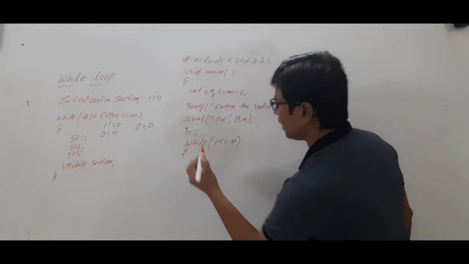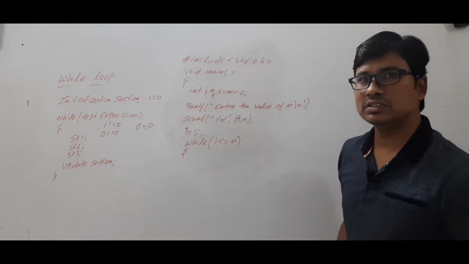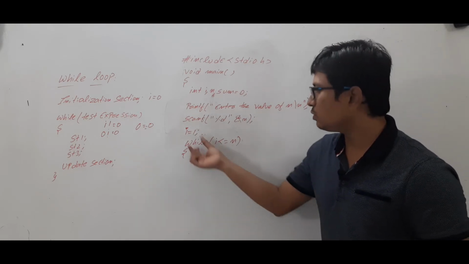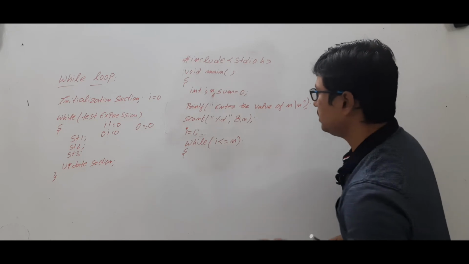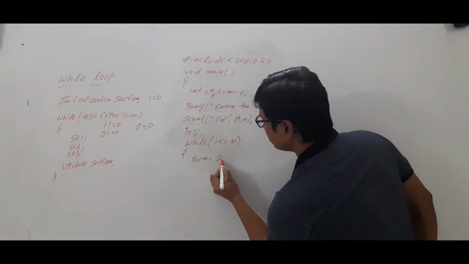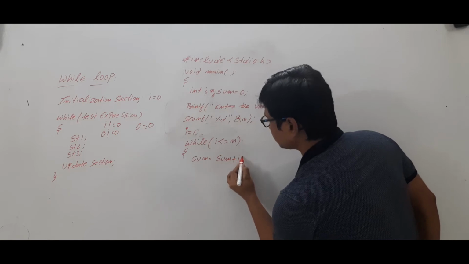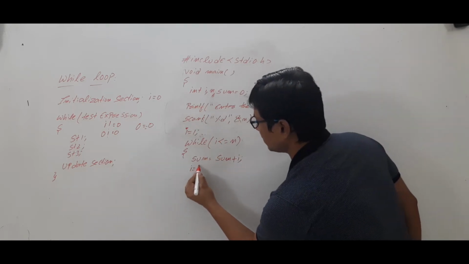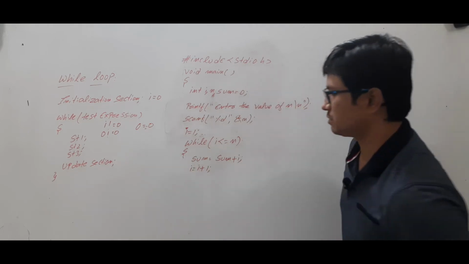So here, what are the things I need to do? I need to compute the sum, and also I need to update the i value. One thing I will write is sum is equal to sum plus i, and then I will increment the i value, so I will write i is equal to i plus 1.